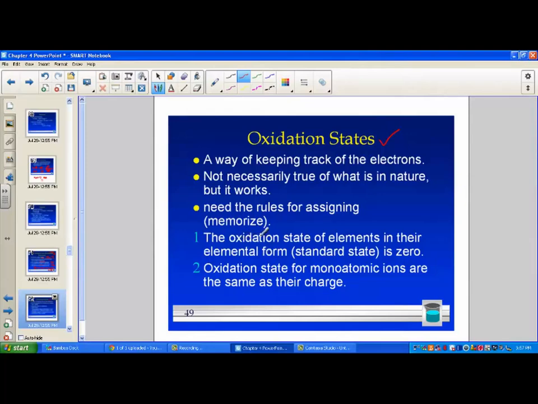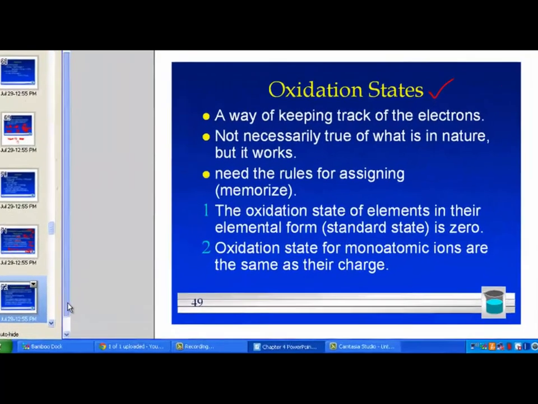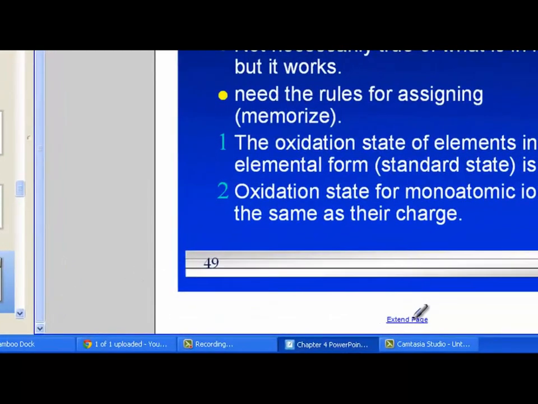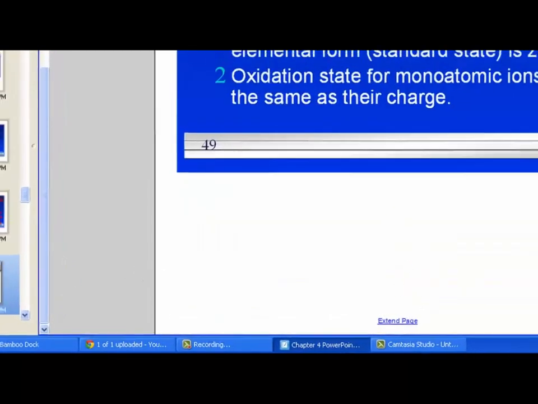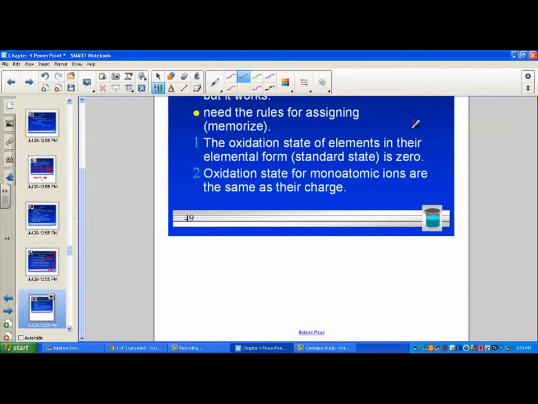Rule 1 reads, the oxidation state of elements in their elemental form, the way we find them in nature in other words, is always 0. The elemental form of an element is 0. So, for instance, in nature, I would find sodium solid. Sodium solid would have an oxidation state of 0.